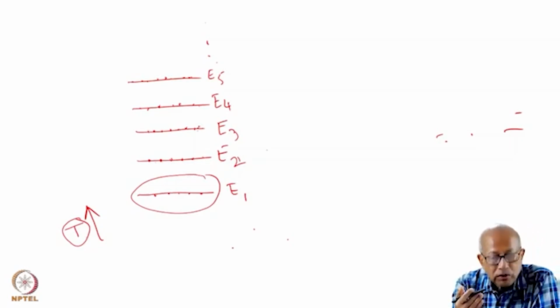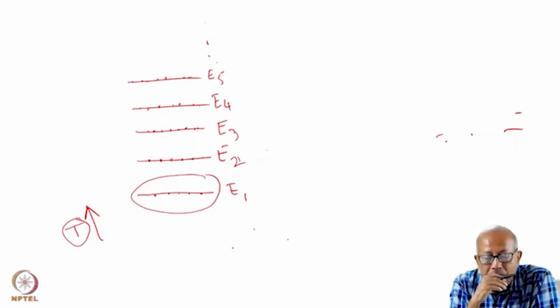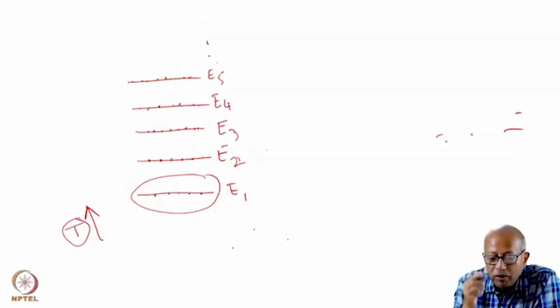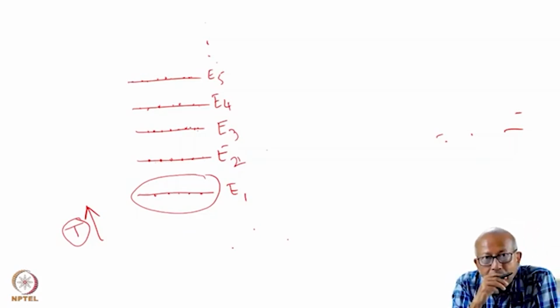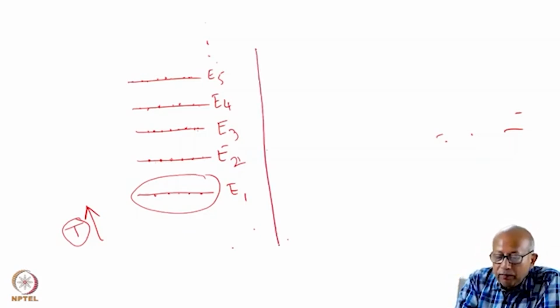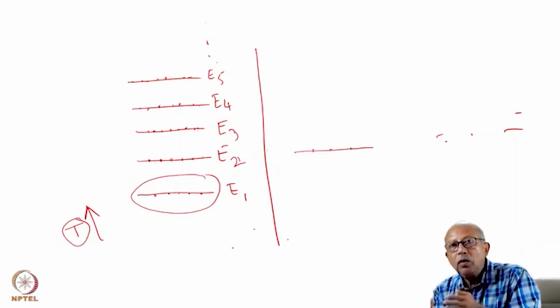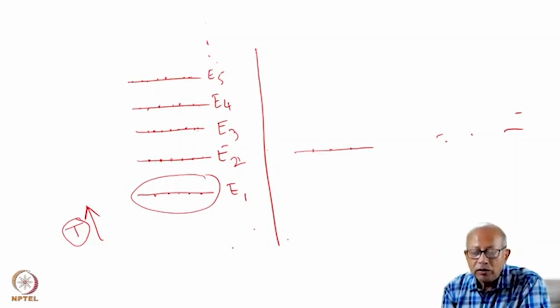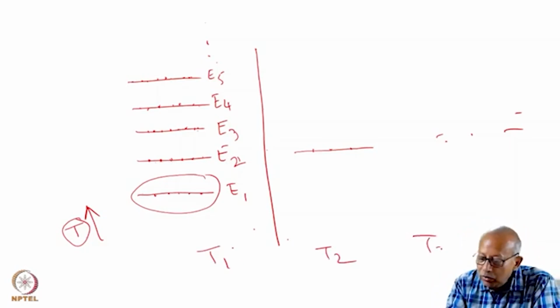E3 has also been populated to a large extent because it was at a high temperature. But you have chosen a system where E2 relaxes faster than E3. So after the cooling, E2 has quickly relaxed its population and come into equilibrium at the lower temperature. This is T1, this is T2, and T2 is much, much less than T1.